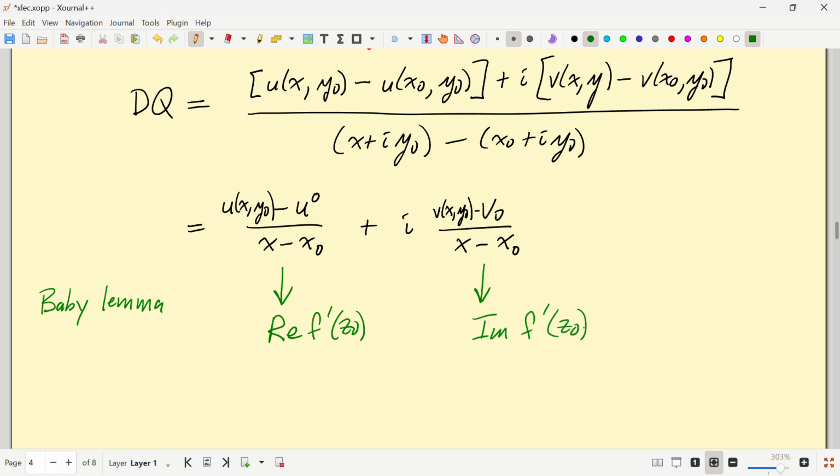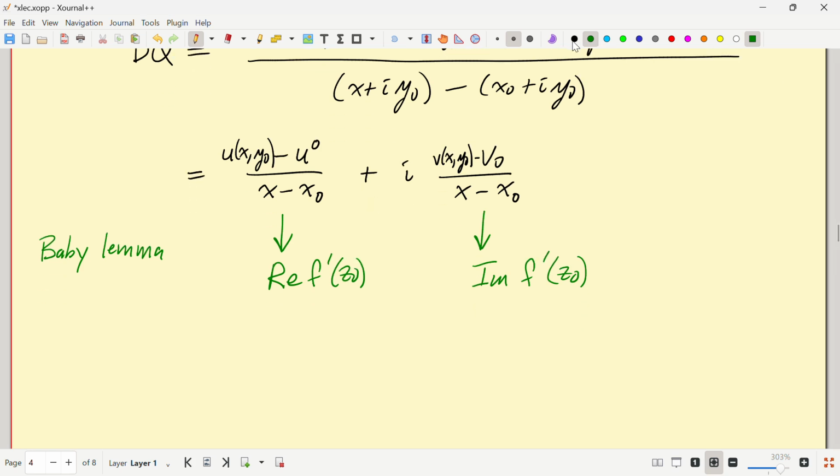And because those limits exist, that means the first partials exist. So part of the theorem is we conclude that the first partials exist, at least those first partials. There's two more, and they'll be in the next one.